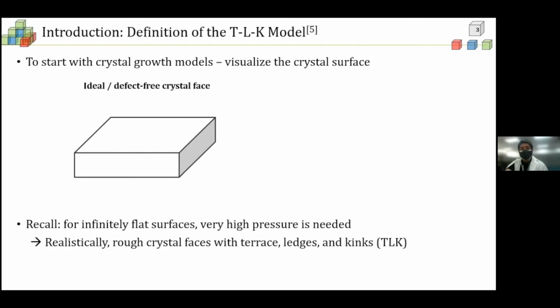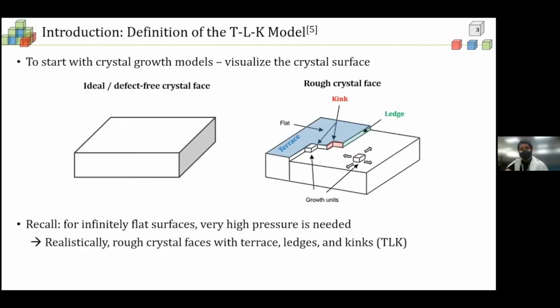What I'll introduce as a concept is the TLK model, which stands for terraces, ledges, and kinks. In our textbook, the ledge is more or less the step. The terrace is the monoatomic layer on top of these lower steps. Likewise, the kinks are the locations in between these steps or ledges.